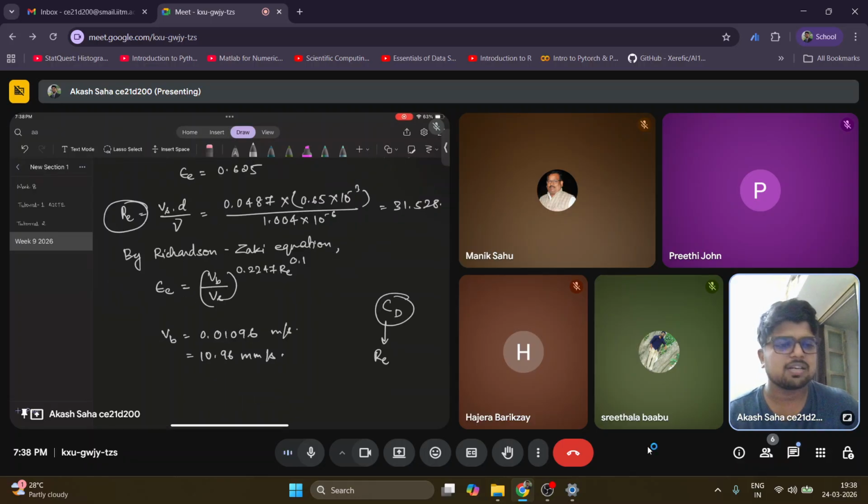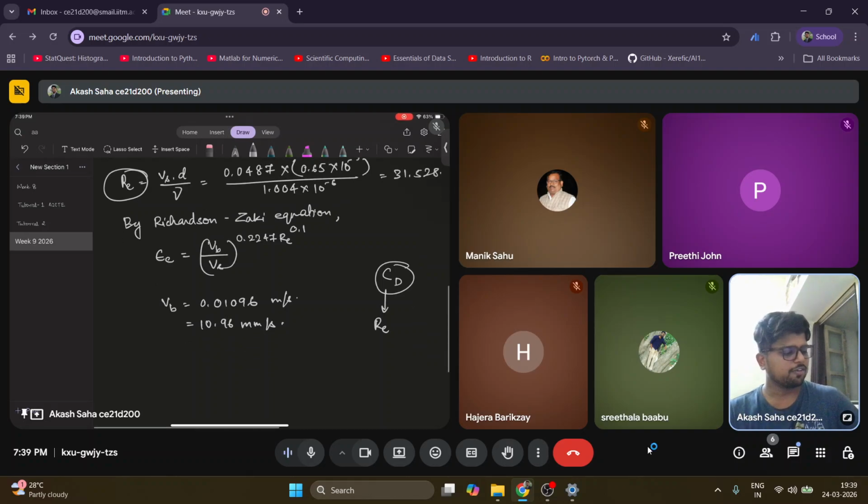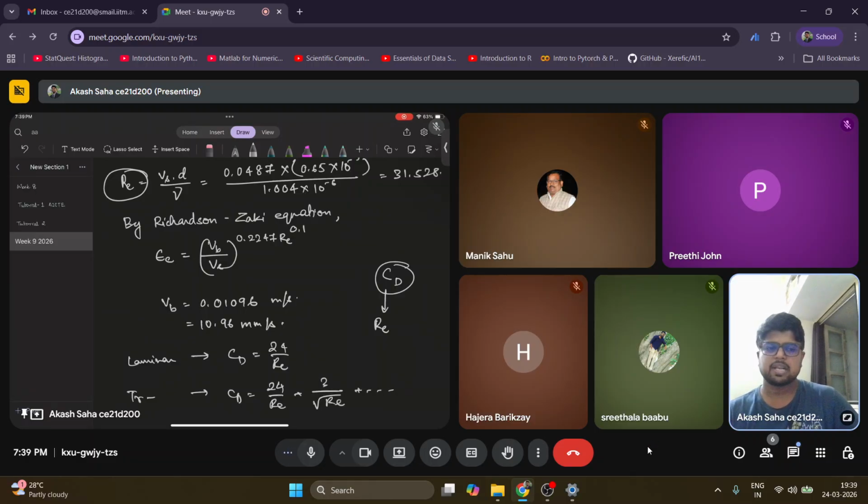Yes, but we should know the flow condition, whether it's laminar flow, turbulent flow or transition flow. If it's laminar flow, you might have seen that CD is equal to 24 by Re. If it's transitional flow, then CD is equal to 24 by Re plus 3 by root Re plus some constant. So there are three equations.